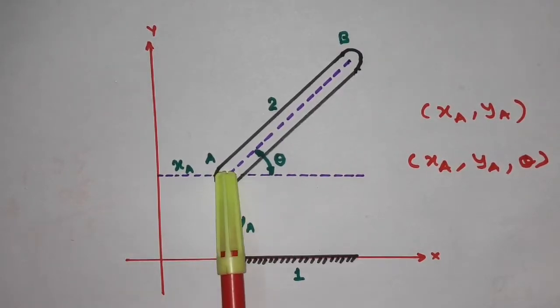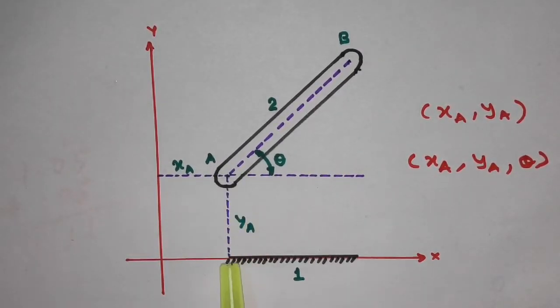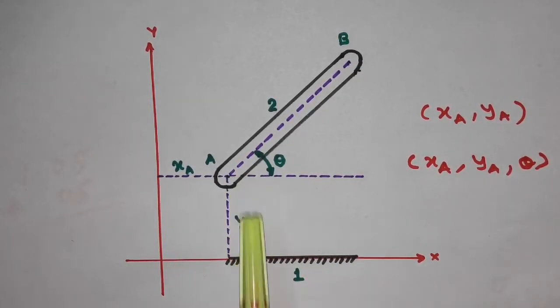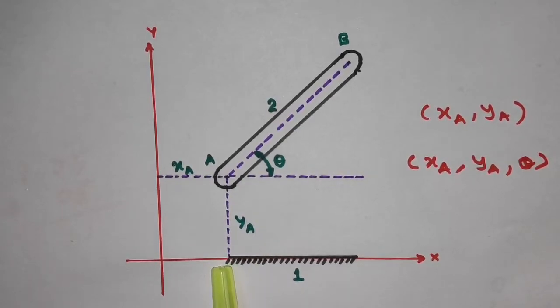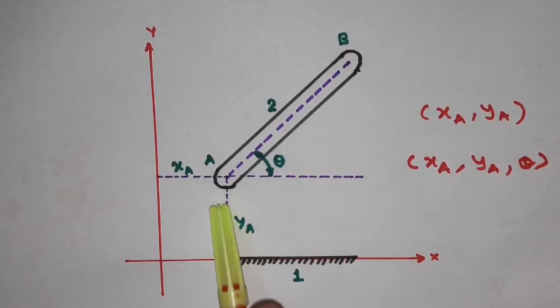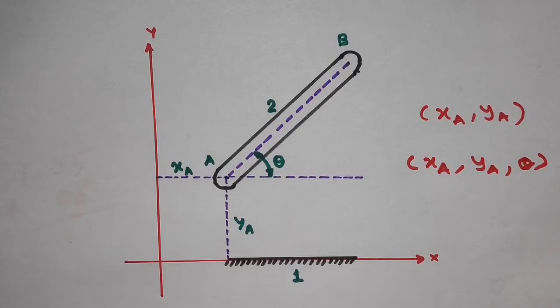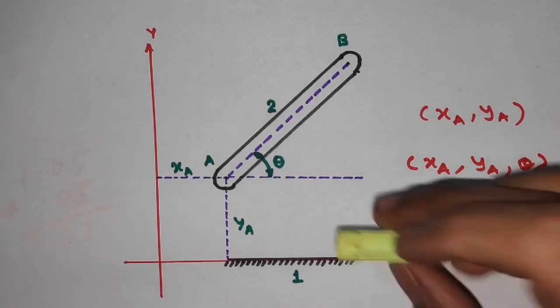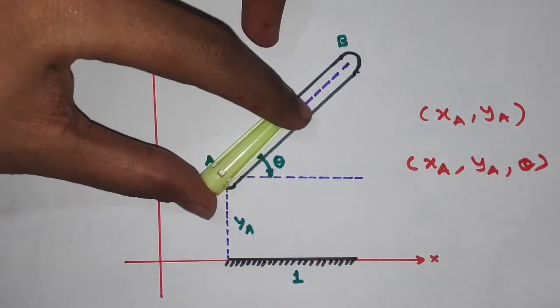Now suppose I bring this point A down and fix it with respect to link number 1, that is, point A will be pivoted to link number 1. What happens when point A gets pivoted to link number 1? Say for example, this particular pen cap is the link.